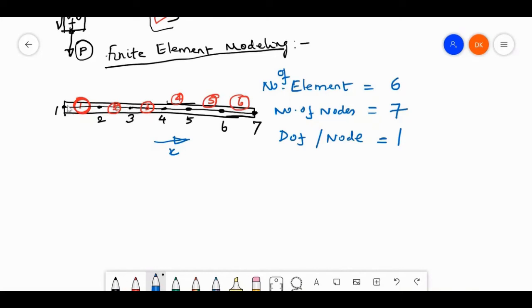I don't have displacement in the y direction, nor in the z direction. I don't have any rotation or any twisting moment. Nothing is there. I am using only the bar element, so it has only 1 degree of freedom, that too displacement.